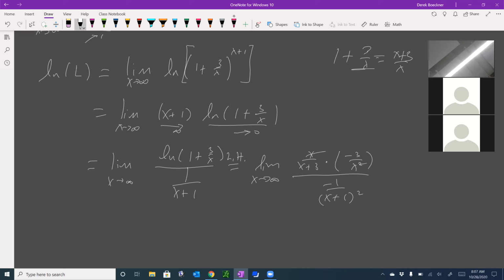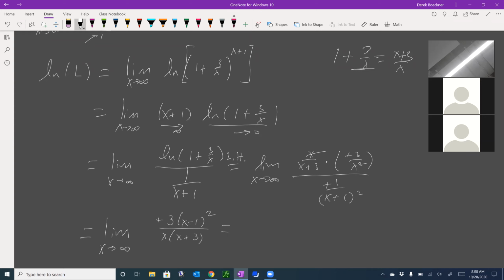This x cancels with one of those. I end up with a quadratic in the denominator and a quadratic in the numerator. Just simplify this algebraically. I have minus 3. Well, it's a plus because I got a plus here, or a minus down there. 3 times (x plus 1) squared over x times (x plus 3), right?